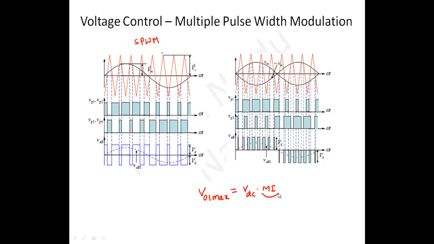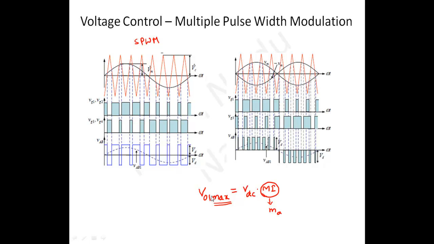This modulation index, remember, can be represented like this, amplitude ratio, ME also. Don't confuse. If you want to apply this for the single phase half bridge inverter, then in place of VDC we need to take VDC by 2. So in case of the sinusoidal PWM technique, in either case you can use this. The fundamental voltage maximum value, remember, this is not the RMS value, it is the maximum value.